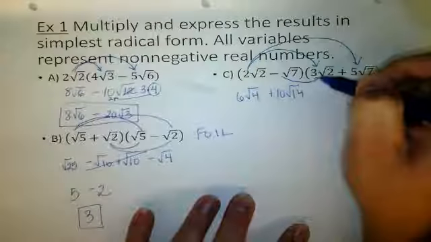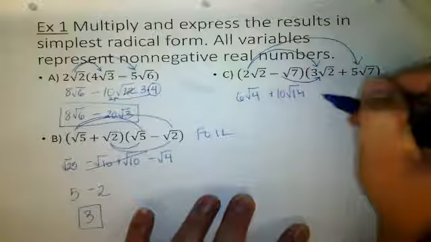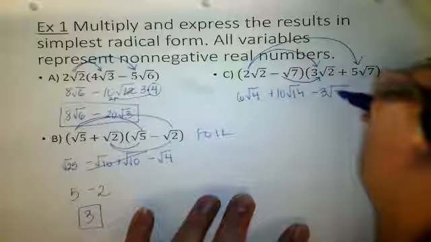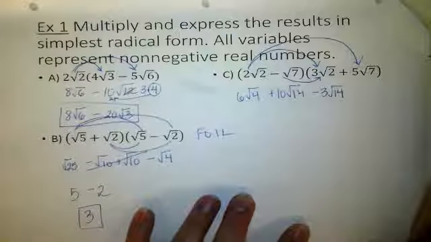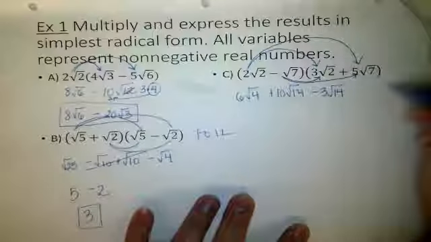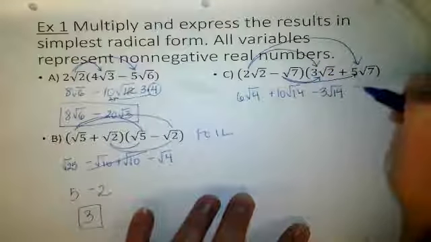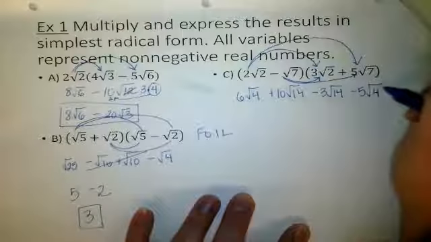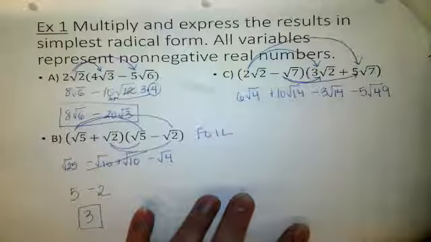Negative radical 7 times 3 radical 2 is negative 3 radical 14. And then negative radical 7 times 5 radical 7, radical 49. Very good. Negative 5 radical 49.